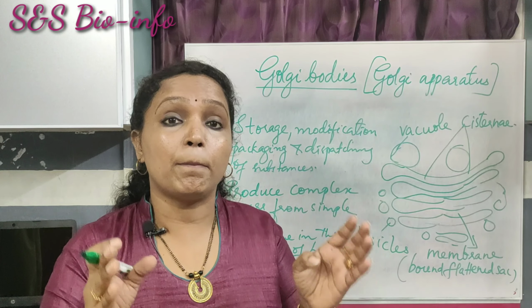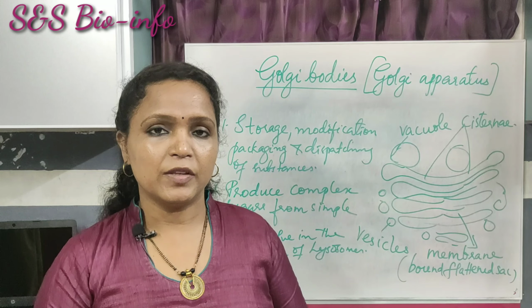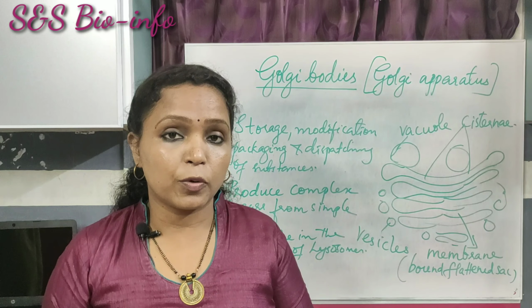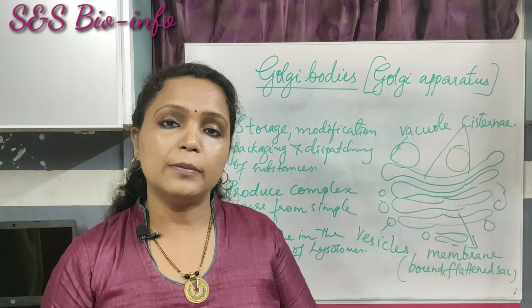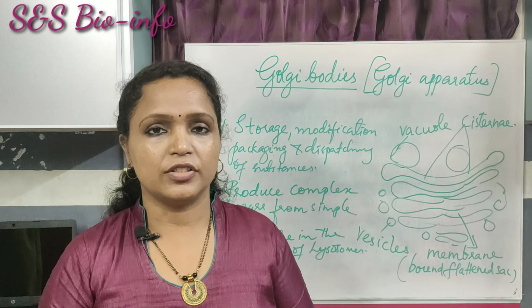So it becomes part of the complex cytoplasmic framework of the cell. These are also involved in the formation of glycoproteins and glycolipids in the cell. These are some important functions of the Golgi body.